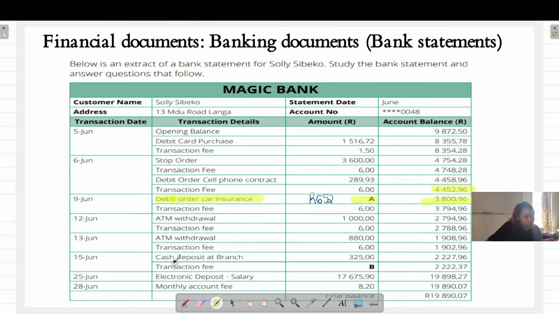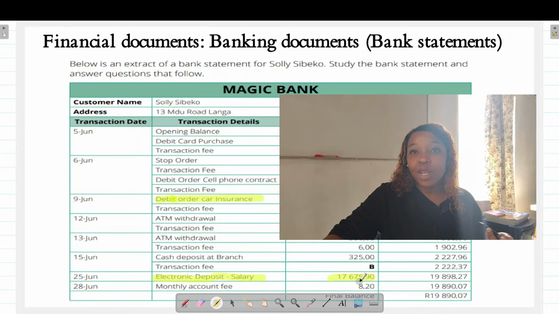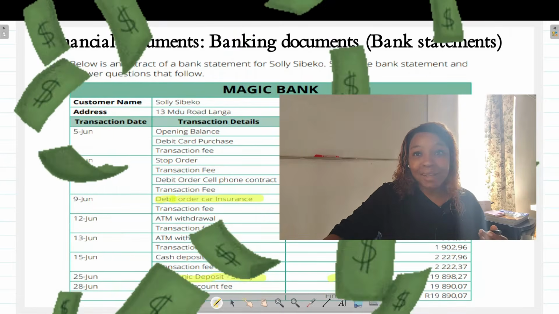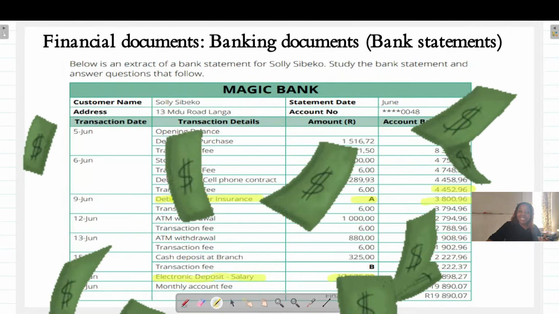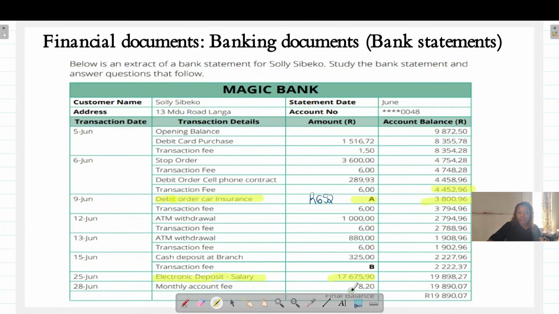Okay, cool stuff. Here we see on the 25th of June, there was an electronic deposit of his salary, and he got 17,675.90 rand.